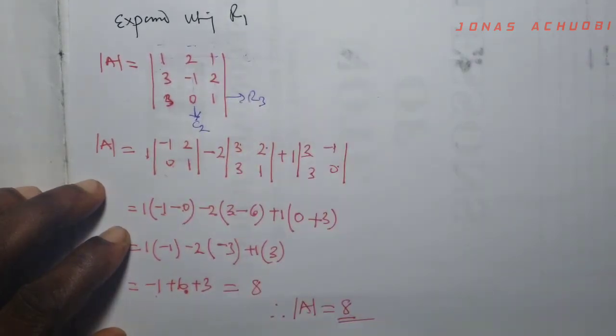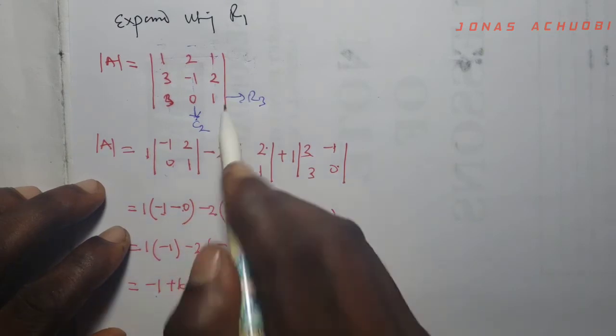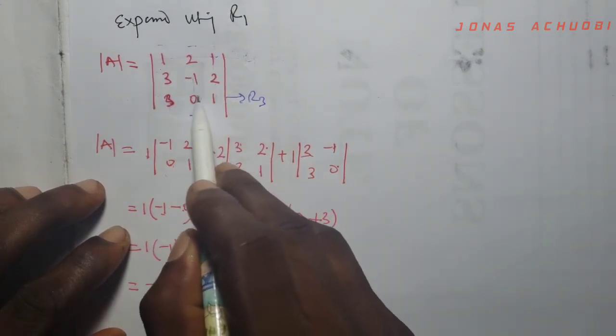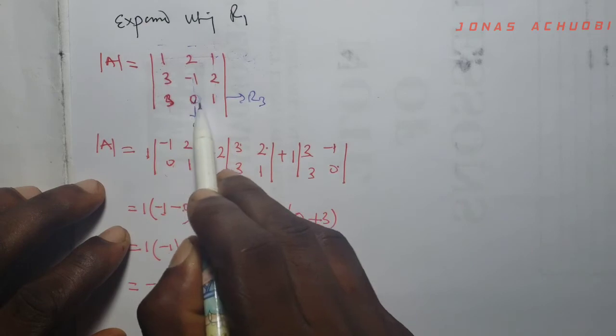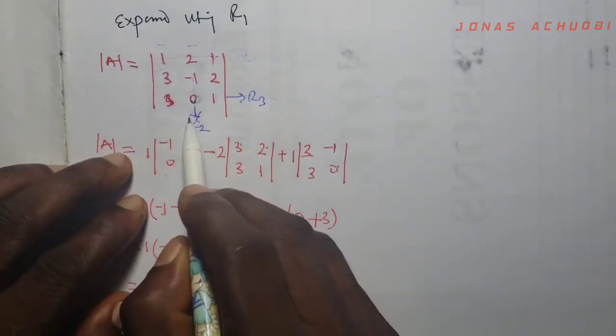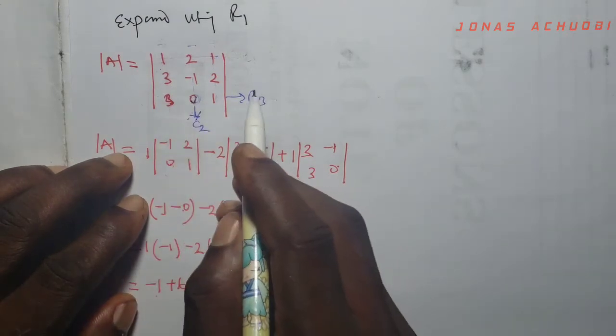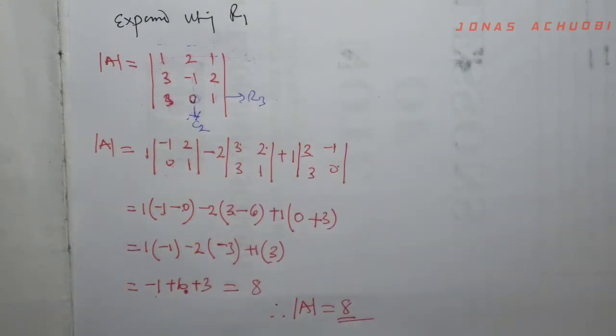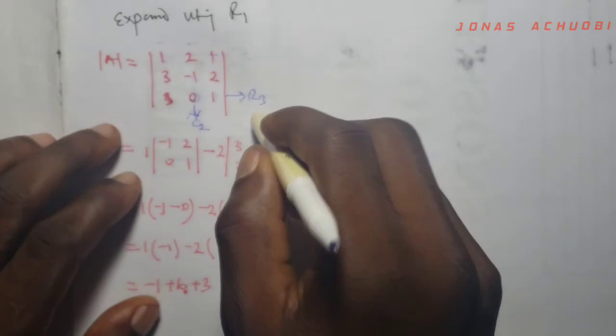And why am I saying that? I'm saying that because I observe that column 2 has a 0 entry, and this 0 entry is either in column 2 or in row 3, anyone? Very good. So the 0 entry is in column 2 or row 3. I would like to expand using row 3, and you will see why very soon.